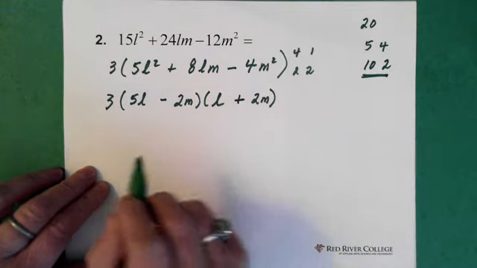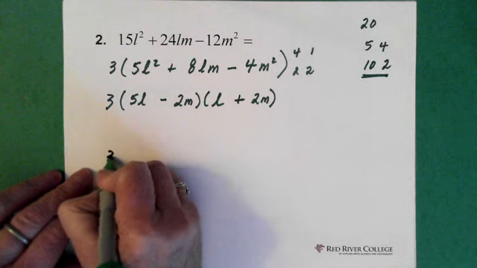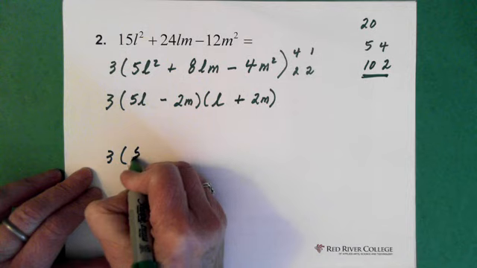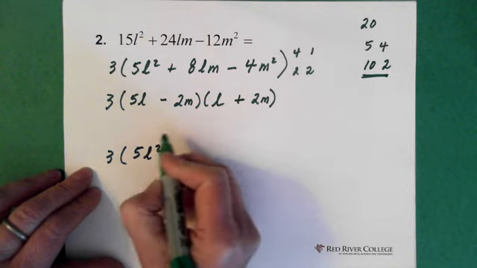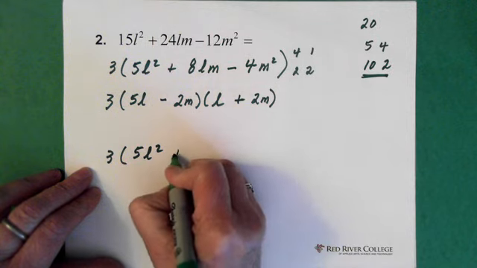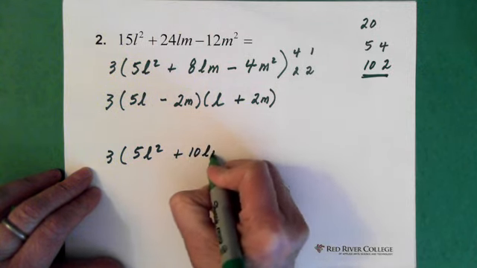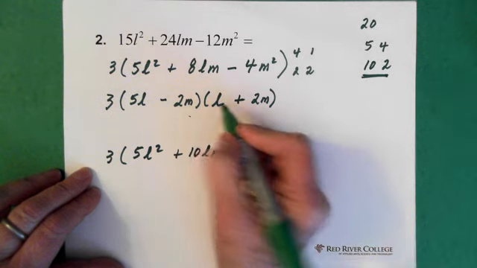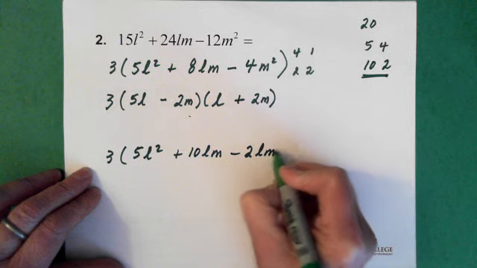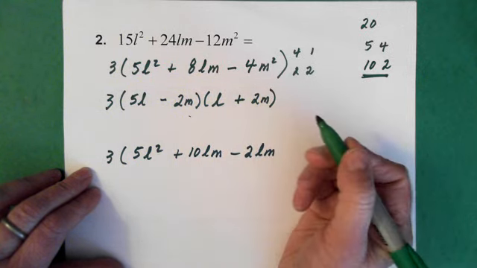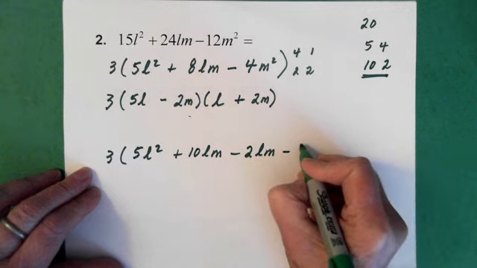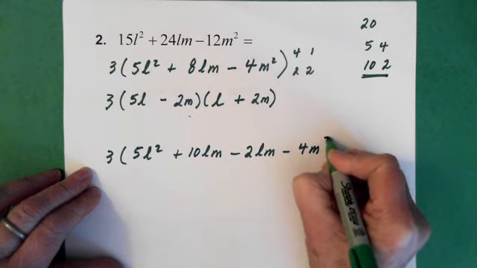So then what we do is just multiply through and see if we're okay. 3 out here. 5l times l is 5l squared. 5l times 2m is plus 10lm. These two multiplied, minus 2lm. And these two multiplied, we end up with minus 4m squared.